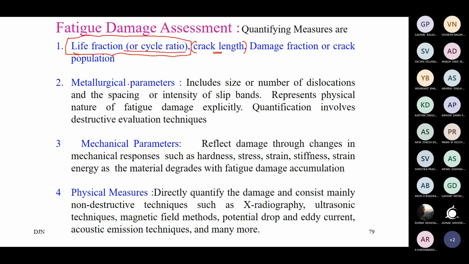Other parameters do exist, and we can consider several, but you can make a note that continuous monitoring of these parameters could be quite difficult. When we say metallurgical parameter, you require sophisticated devices, maybe NDT techniques like X-ray methods or laser-based methods, and you have to identify the microstructure after every cycle, which becomes too tedious.